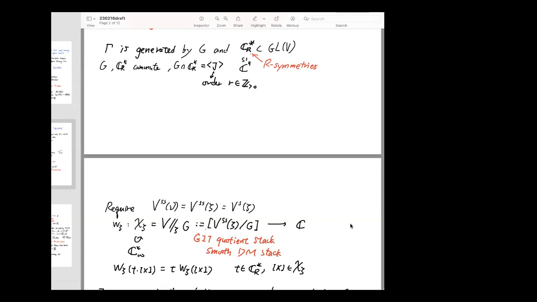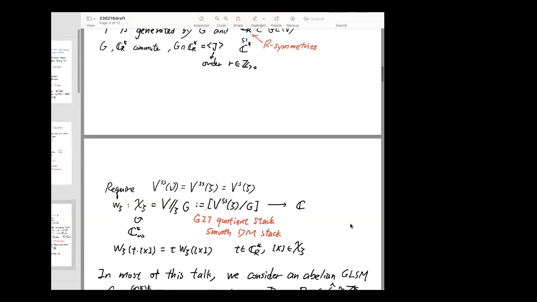The notation is we call the GIT quotient stack curly X_ζ, and the superpotential W descends to this quotient. It's called W_ζ. And now the C*, oh, there's a typo. This should be C*_R. Yeah, so this should be C*_ω.